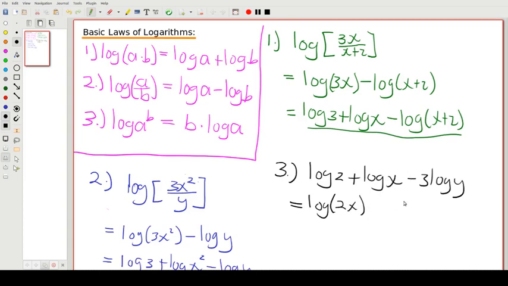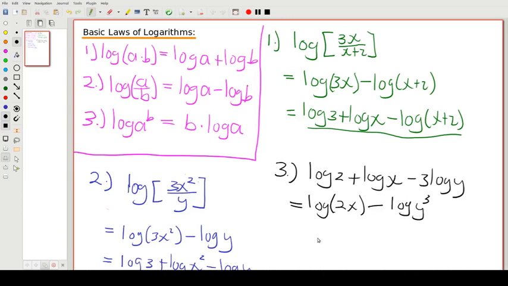And here we have 3 log y, so it's the same as rule 3, except we're going backwards. If we have 3 log a, that's the same as log a to the power 3.